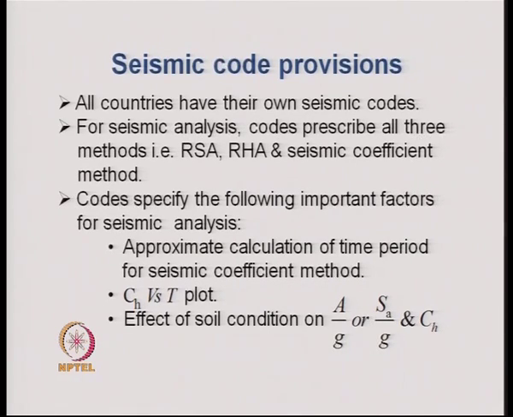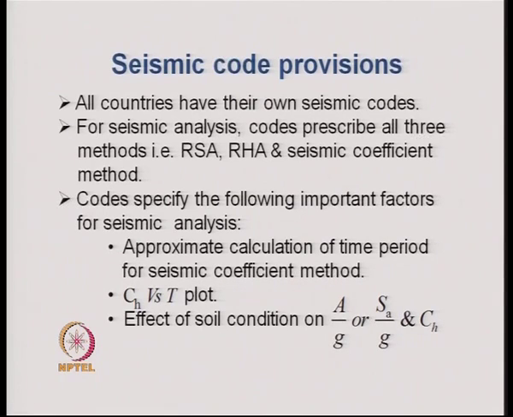Almost all countries have their own seismic codes, and in that code there are several recommendations for the seismic analysis and design of structures. The codes specifically give recommendations for three kinds of analysis, that is the response spectrum analysis, the response time history analysis, that is RHA, and the seismic coefficient method.